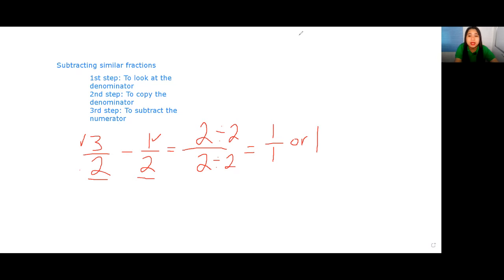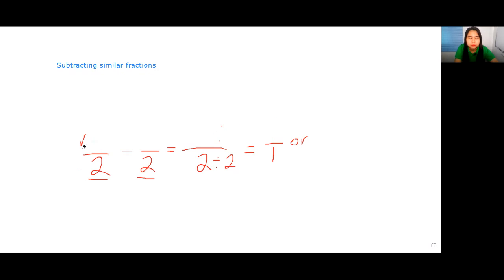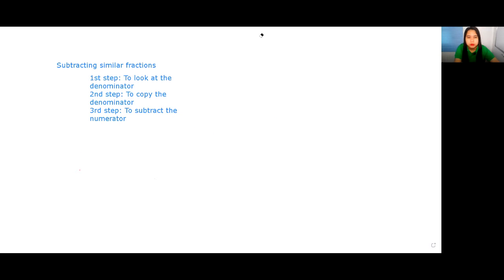Okay, so let's have another example. Let's erase this one. What if we have 7 over 27 minus 3 over 27?